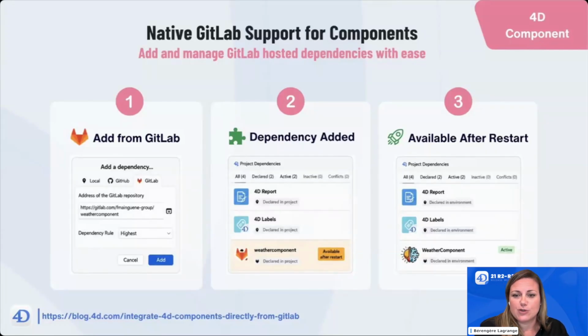Simply add the repository from the project dependencies interface. Choose how you want to manage versions, and 4D handles the rest. Components are downloaded automatically and become available after a restart, making it easy to share and reuse functionalities across all your projects.